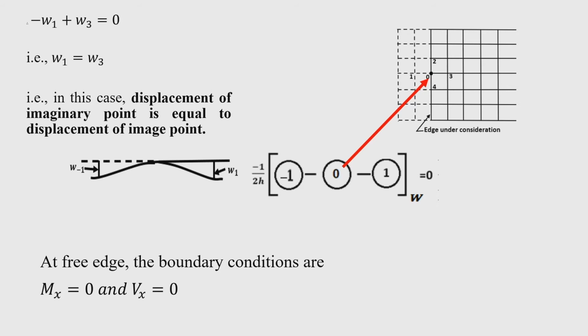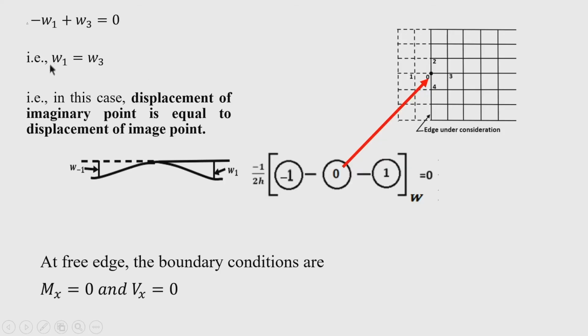Okay. So, we have applied the boundary condition at the edges with the simply supported condition, that is the bending moment is 0, and also the slope 0 at the fixed edge condition. Two equations we have got: W 1 equal to W 3 for the fixed edge condition, where W 1 is the imaginary point deflection and W 3 is the corresponding image point.